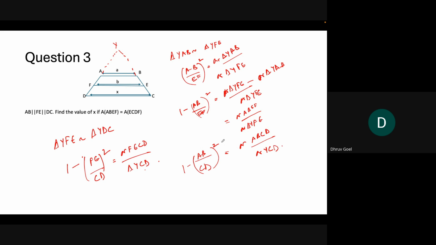Now, if I divide these two equations, what will I get? We know CD is x, so CD square is x square. So we can say x square minus b square upon x square is equal to the area of FECD upon the area of YCD. This is the first equation.